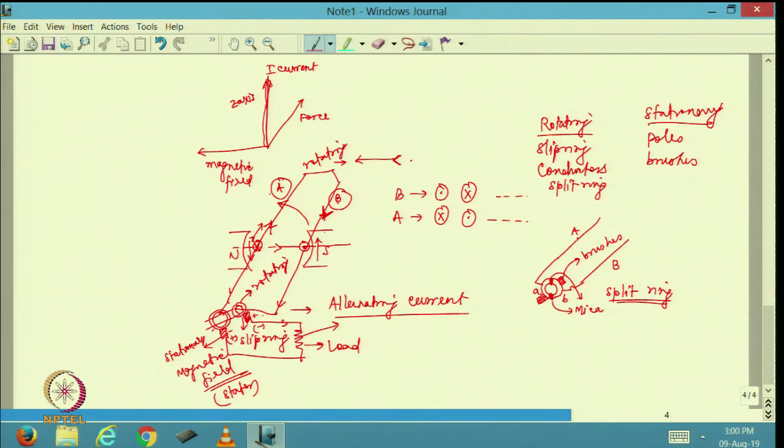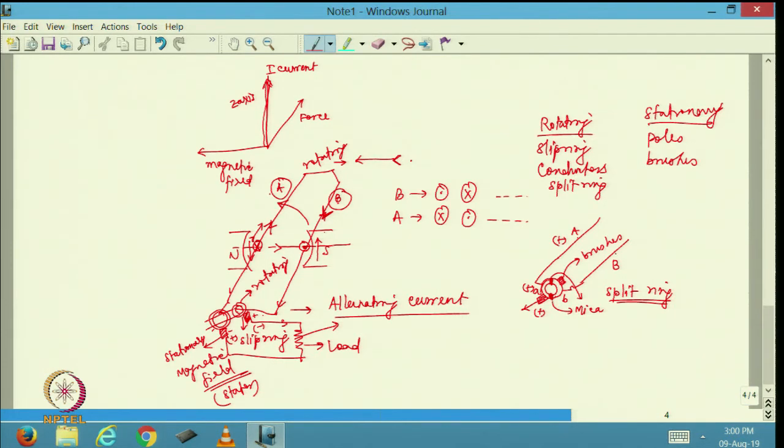Whenever A is under the influence of the north pole, the split ring portion A is also going to be positive, both these things are going to be positive. Whereas, the brush which is connected to this particular split ring portion A is fixed, stationary. So, that will also be connected to the positive side.